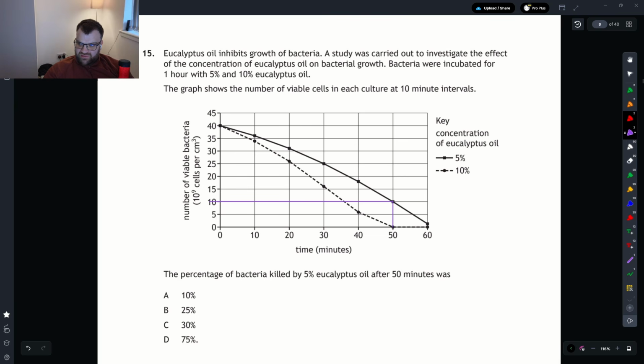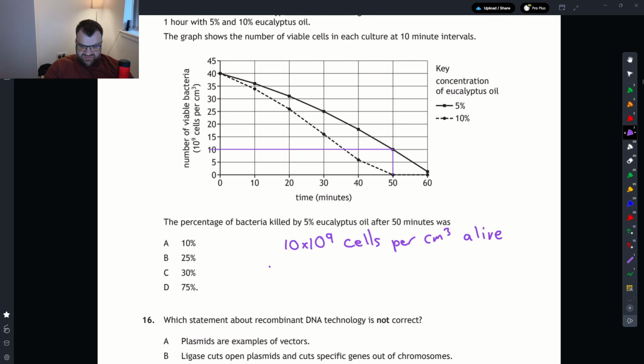Okay, right. What does that tell us? That tells us that 10 times 10 to the power of 9 cells per centimeter cubed were alive. And we started with 40 times 10 to the power of 9.